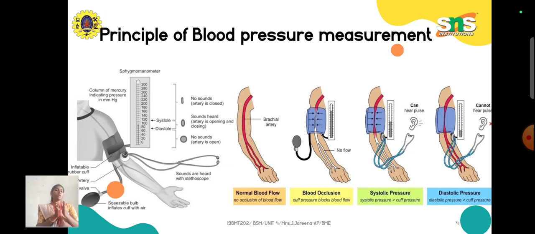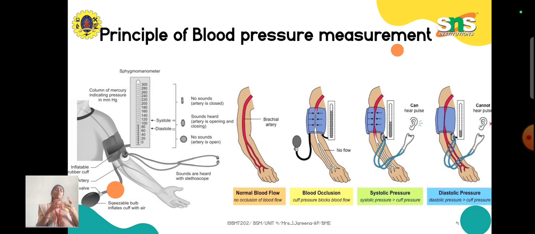There is an easy way for the blood to flow now, so you can't hear any sound anymore. The point where the sound disappears is called diastolic.